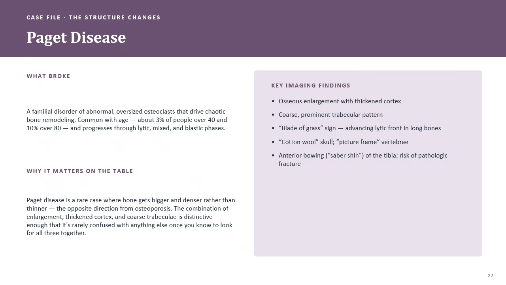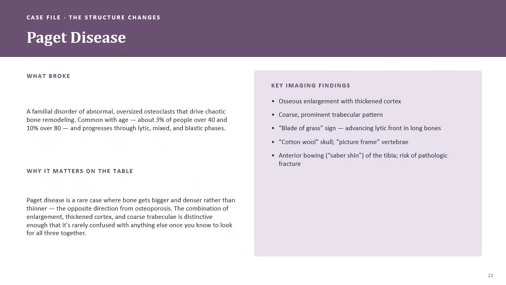With this condition, it does have 3 phases, and those phases are the bone breaks down, then it gets mixed, and then it starts to rebuild. Most bone diseases will make the bone thinner, but in the case of Paget's disease, it does just the opposite. So the bones get bigger, and they also get a lot denser.